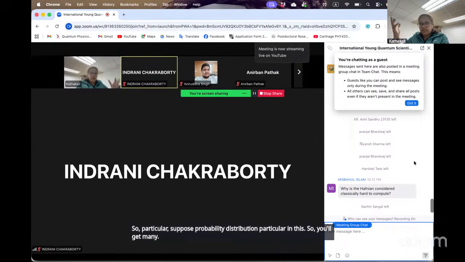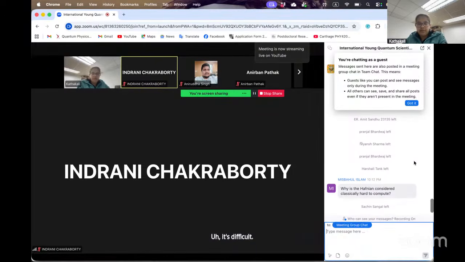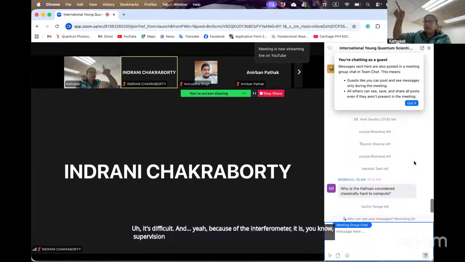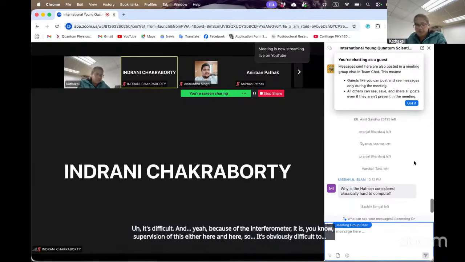Because of the number, it is difficult. And because of the interferometer, it is a superposition of this either here or here. So obviously it will be difficult to simulate on a classical computer.